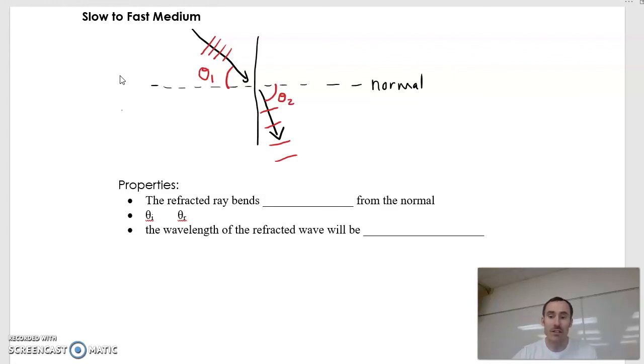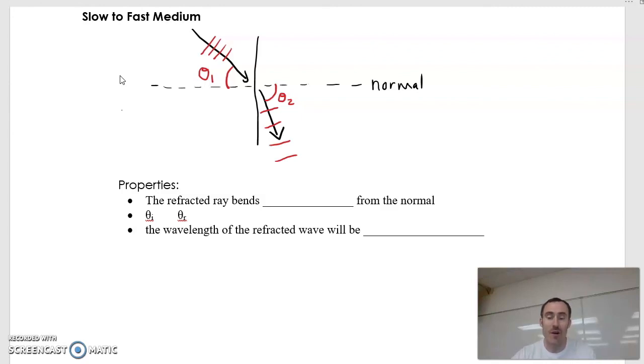Now, it looks like, just judging by where I drew these curves, that this curve is bigger than this one, but it's really not. So you can see clearly that this angle is smaller than this angle. This one has bent away from the normal. Okay, and so it's getting larger. Everything is getting larger in this case.